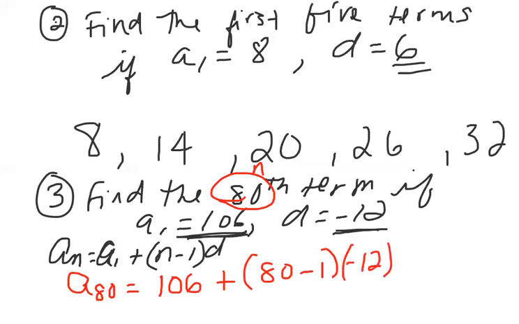Grab your calculator and plug this in to get the answer for the 80th term. The 80th term turns out to be -842, guys. Try it out on your calculator and see if it works out for you. If it's not working out, you should be asking me a question.